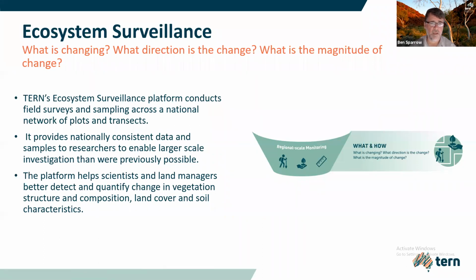A component of them, the field team, go right across the continent, conducting a range of field surveys to sample all the vegetation and soils in those communities and make that data available. One of the advantages of that is it provides a nationally consistent data set. Historically, each of the survey programs has been run out of state government programs.